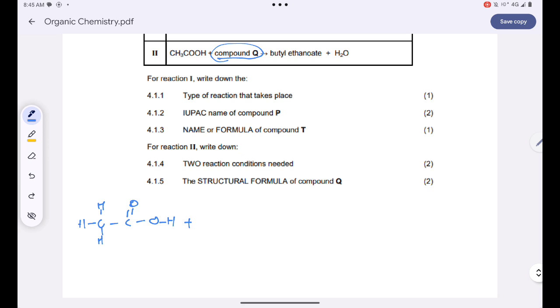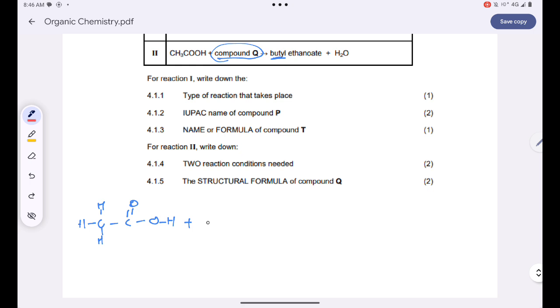The suffix butyl simply means that we used butan-1-ol. All of the time, for esterification, you will forever use a carboxylic acid and a primary alcohol. So our compound Q is a primary alcohol which has 4 carbons on its parent chain.